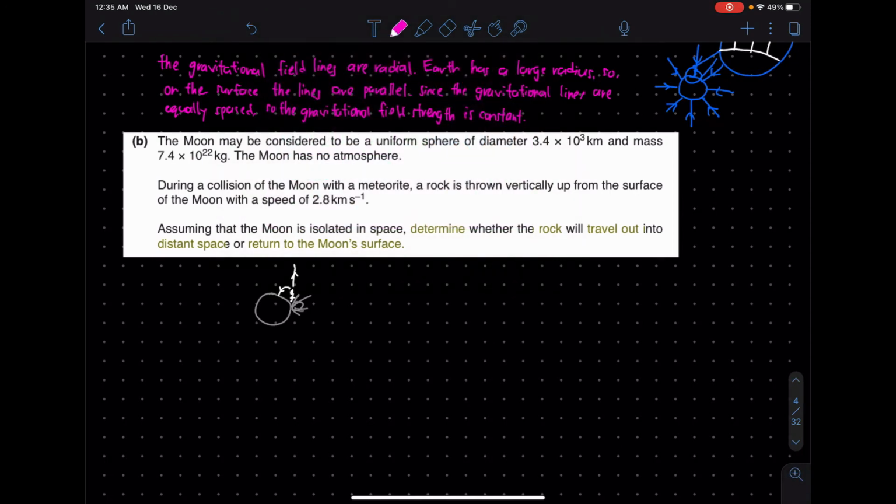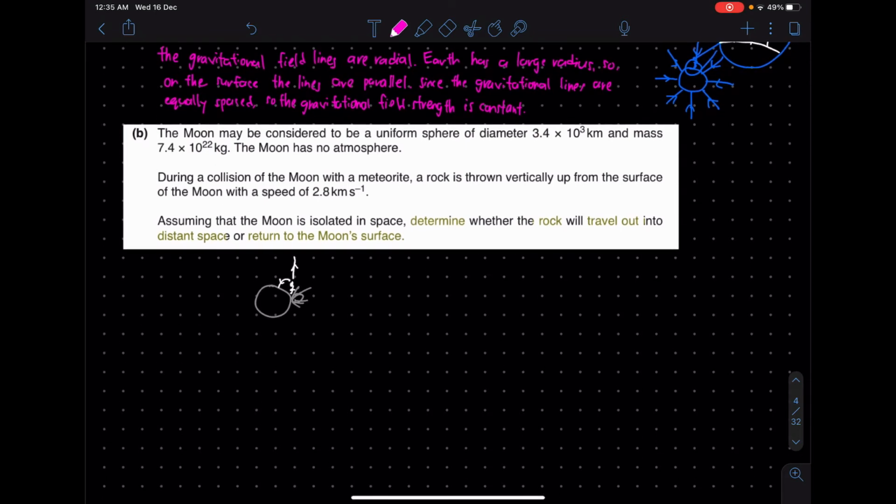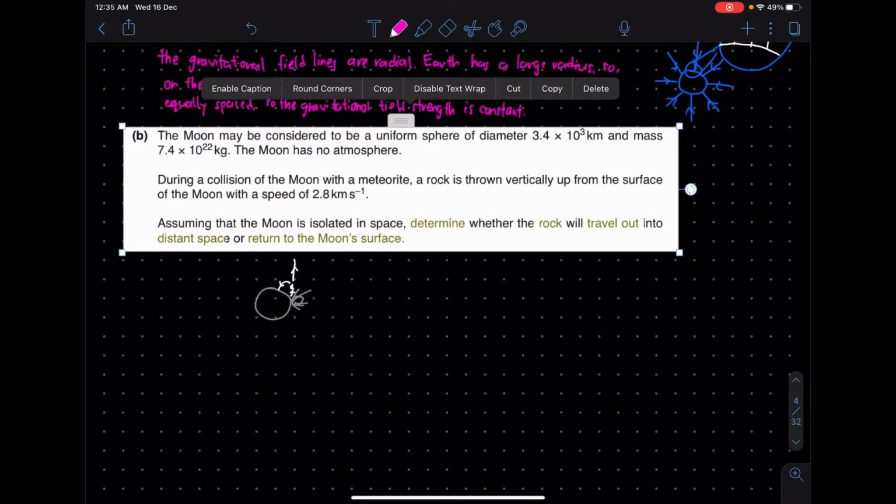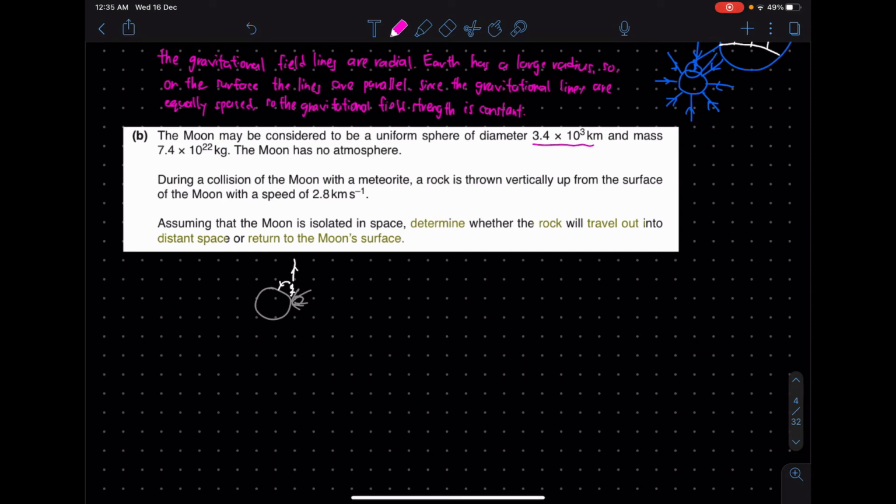Now, how do we determine whether or not it will leave or come back? Well, for this one, we have to think in terms of energies. In this case, it's quite simple. We've been given the speed. You can infer this from the information that you've been given. We've been given the diameter and the mass.